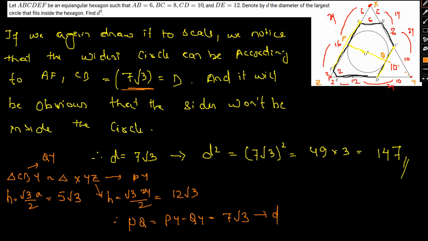Just keep in mind an important formula: the height of an equilateral triangle is root 3 by 2 into side. This is a very important formula which you should keep in mind.